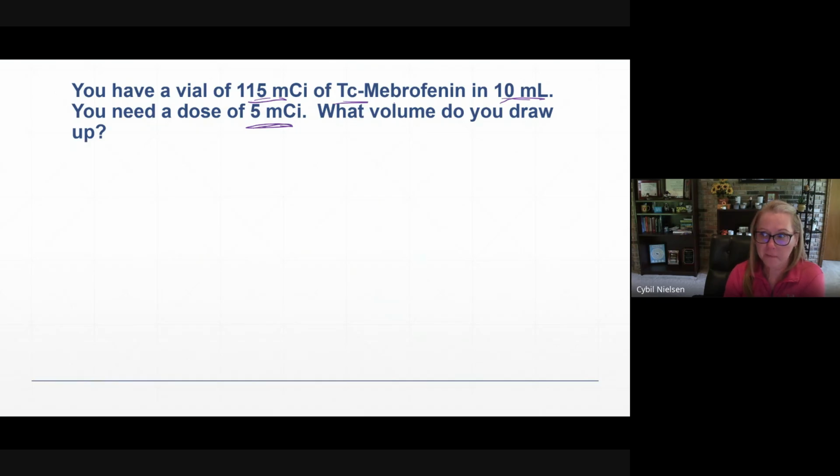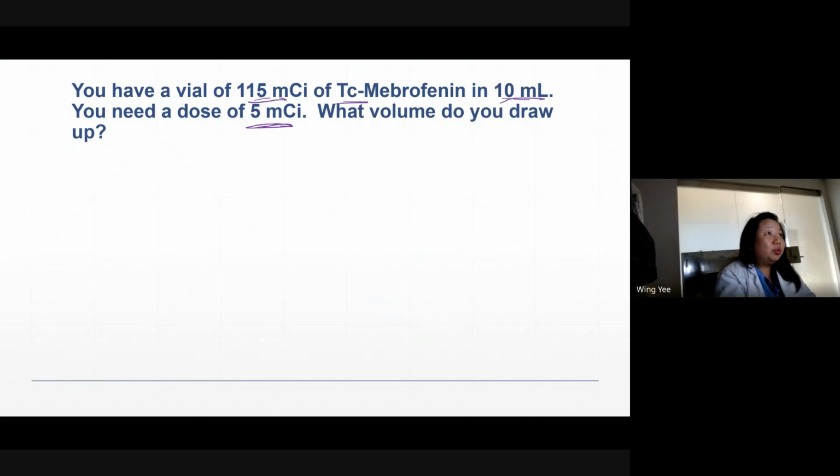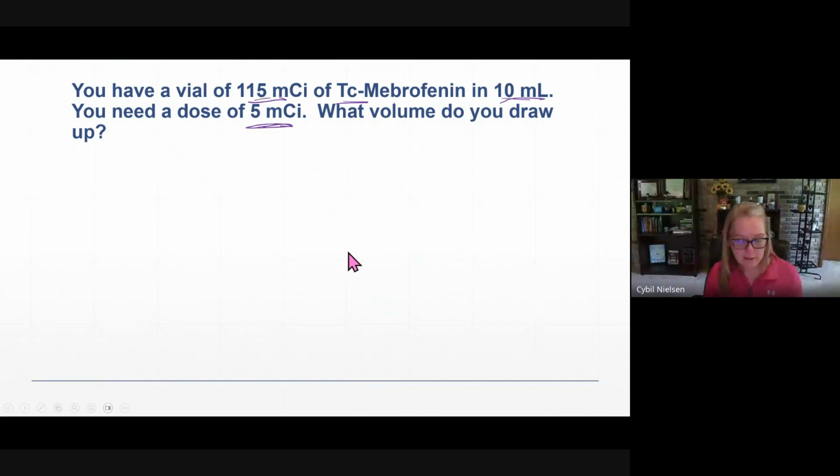What volume do you draw? 115 on the top over 5 equals 10 over X. Is it 0.43? It is. Yes, very good.